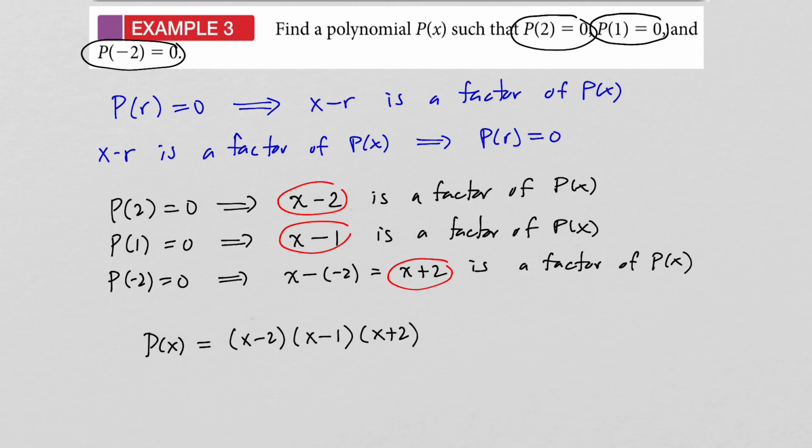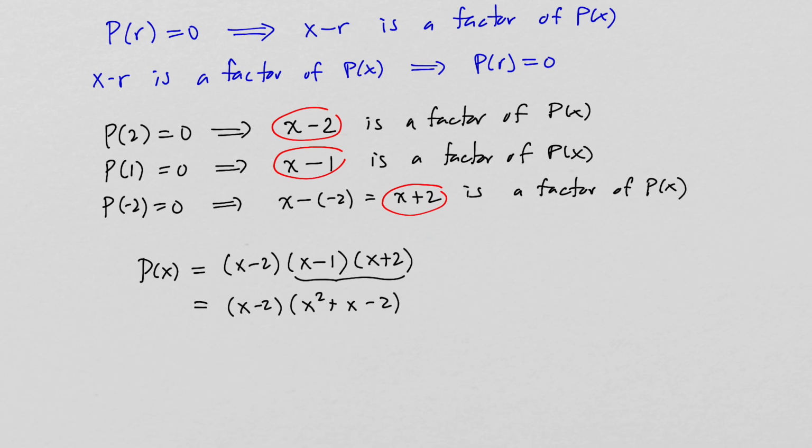And we can multiply this out. So let's go ahead and multiply these two first. If you do the math on that, you should get x squared plus x minus 2. And if we continue to multiply here, we're going to multiply all of these and all of these.